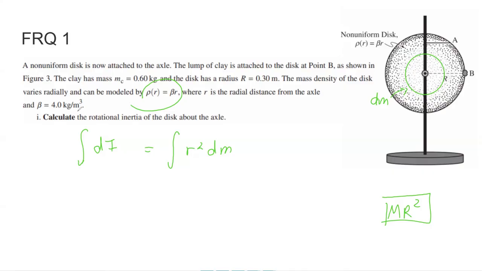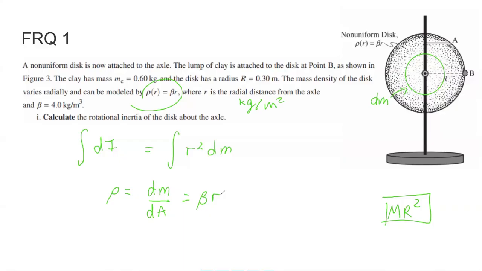And let's pay attention to the units. Beta has units of kilograms per meter cubed. r has units of meters. So notice that this is a surface mass density. It is units of kilograms per meter squared. And so what I will now say is that rho is dm by dA, and this is equal to beta r.